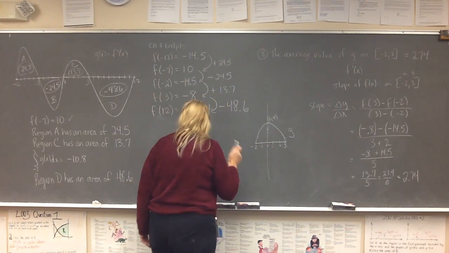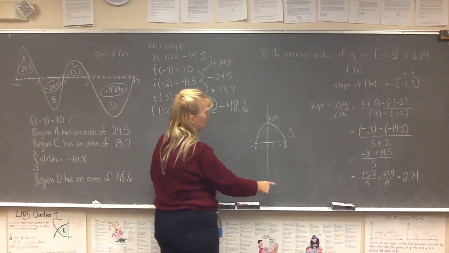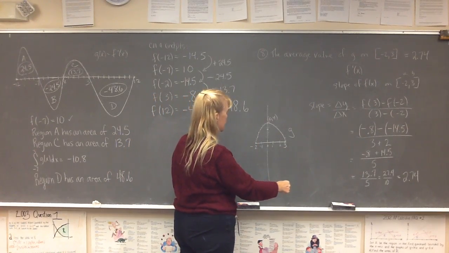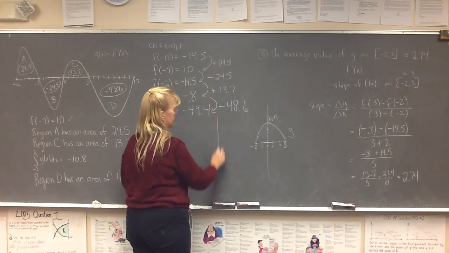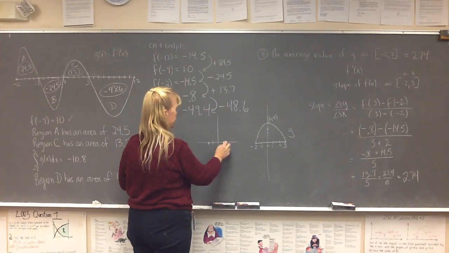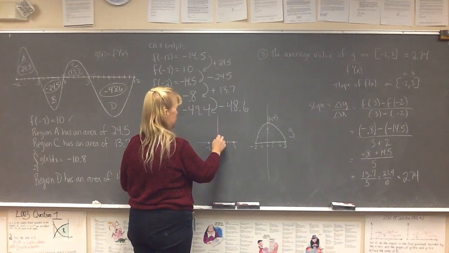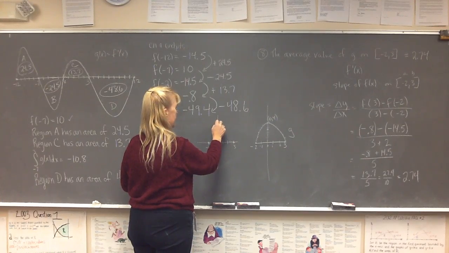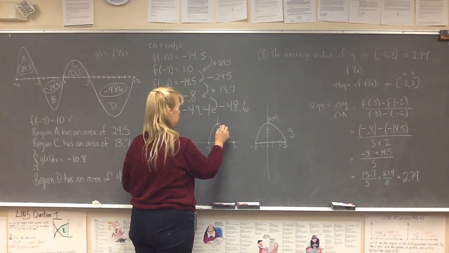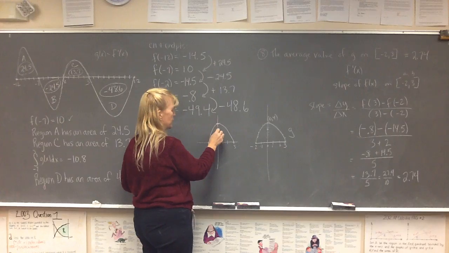And what that gives me, believe it or not, is really kind of cool. I'm going to draw this one more time. Matter of fact, I'll try to do it right next to it so I can compare it with you. -2, 1, 2, 3, and then up here at 4, right? Okay, so this graph, this region C, is kind of doing this. All right, and here's my 2.74.